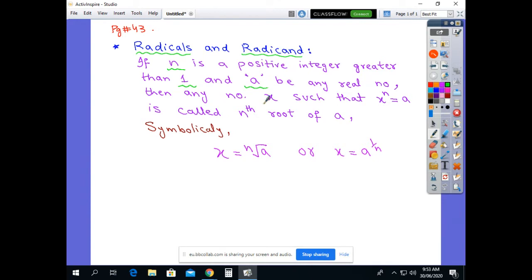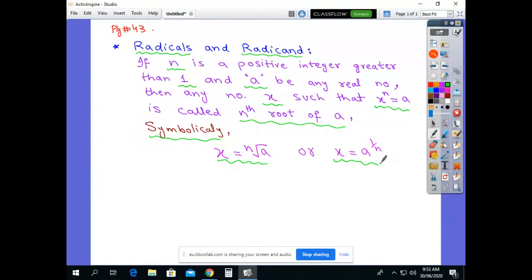Then any number x, such that we can write x^n is equal to a, is called the nth root of a. The definition is a little bit difficult, but symbolically, x is written as the nth root of a, or simply x is equal to the nth root of a.